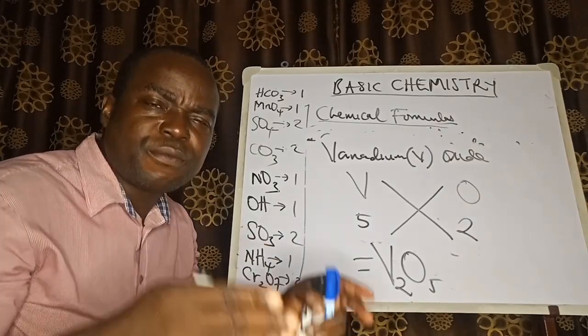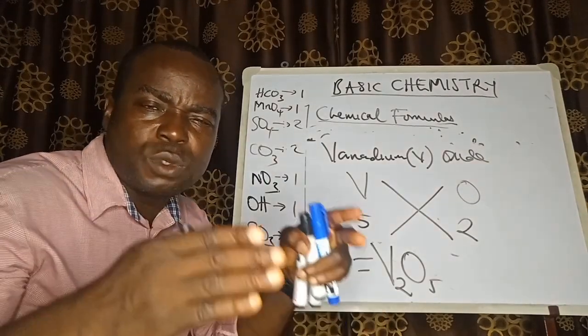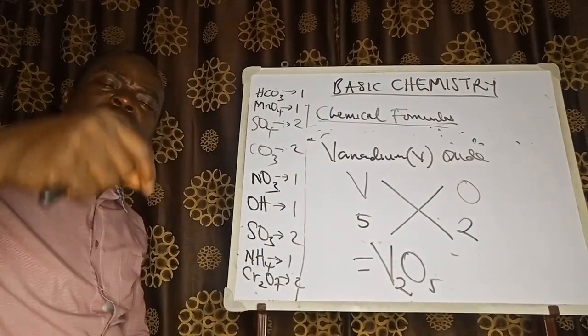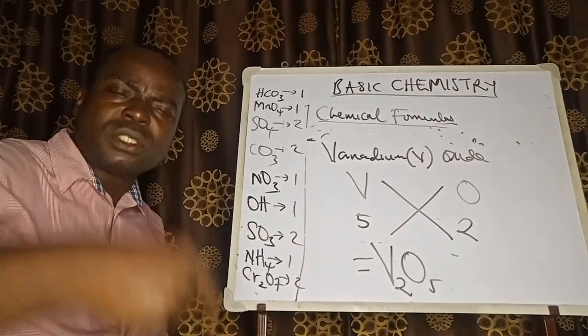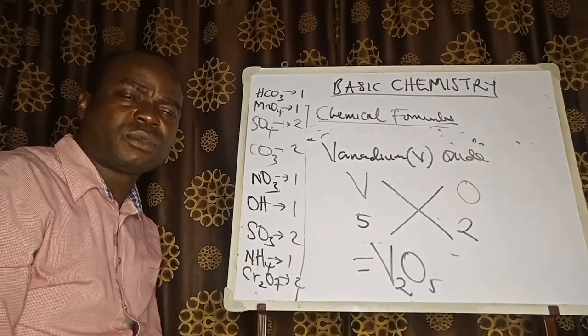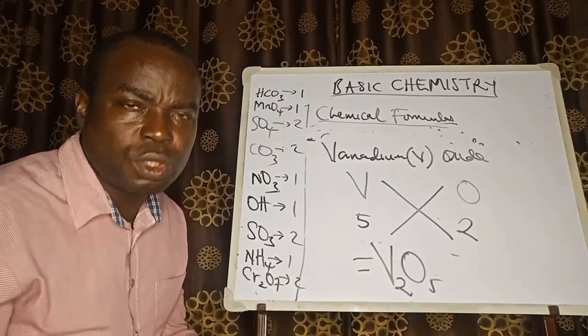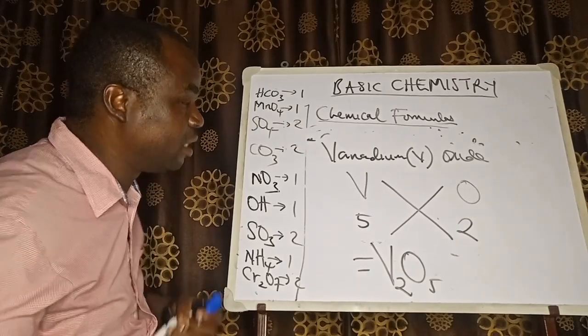So if the element is outside the first 20 elements, the valence will be given to you. But the next question now will be, what if the valence is not given and the element is not among the first 20 elements? What do you do? Now, let me address that one finally.